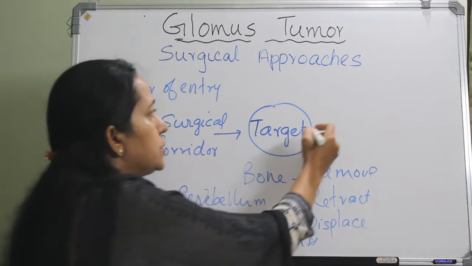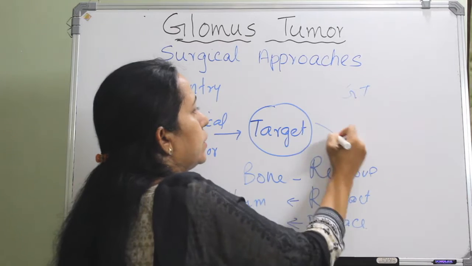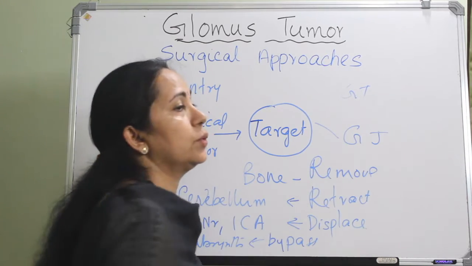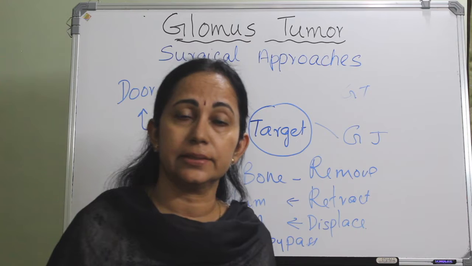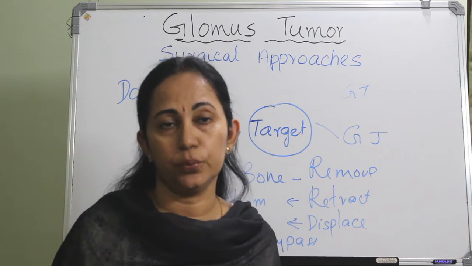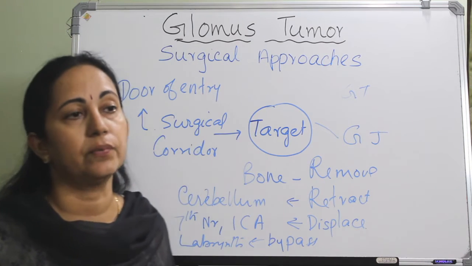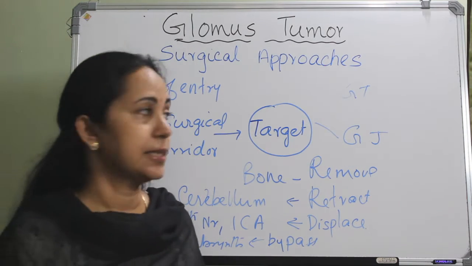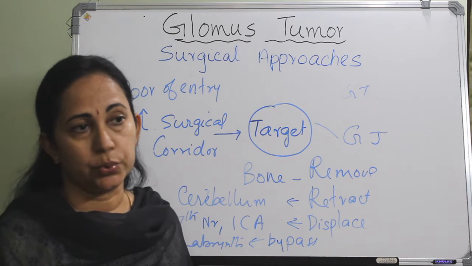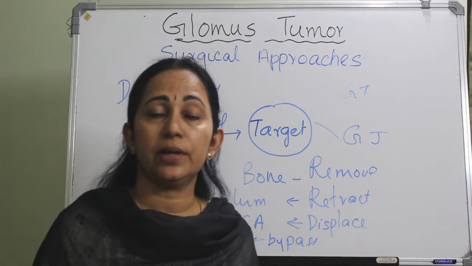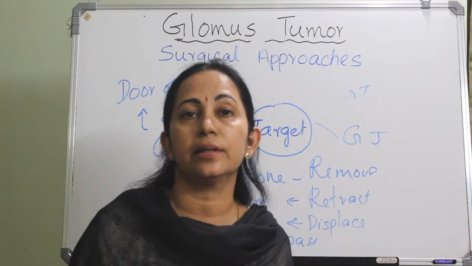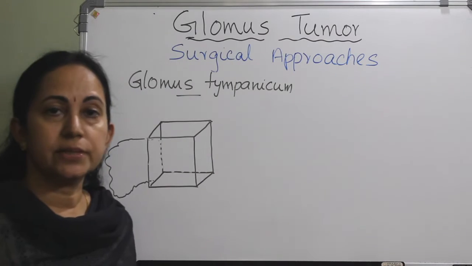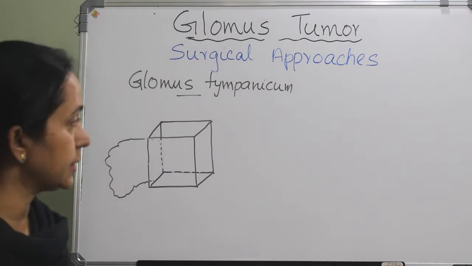For both glomus tympanicum and glomus jugulare, we know the Glasscock-Jackson staging into type 1 to 4. Depending upon the type, we can decide the surgical approach. For glomus tympanicum and glomus jugulare the approach is different. The stages were already discussed.